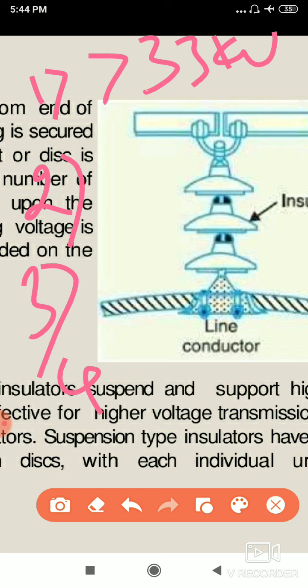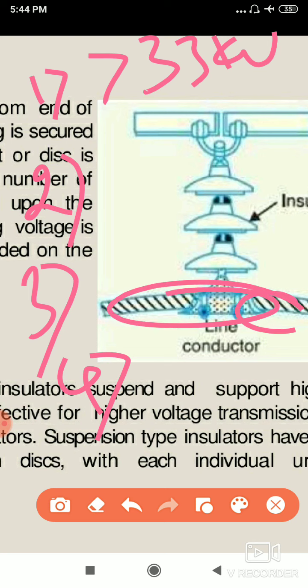And the fourth is that the conductor is connected to the bottom of the string, so it is freely swinging. It doesn't have any stress, which means less mechanical stress and fewer chances of faults in the conductors. These are the advantages of suspension type insulators.